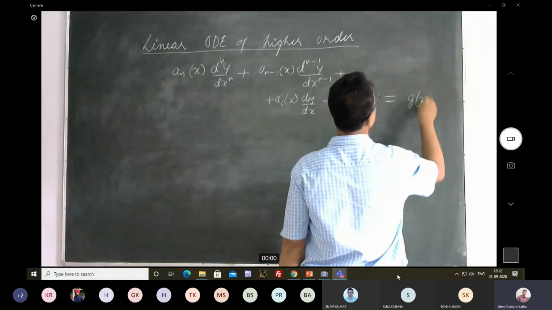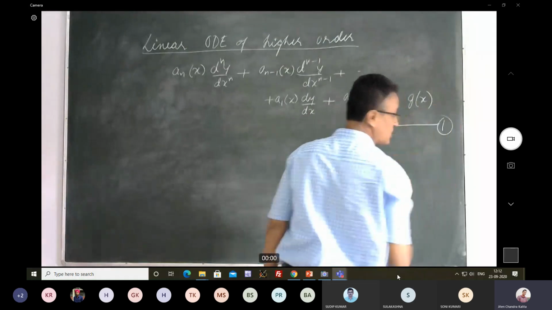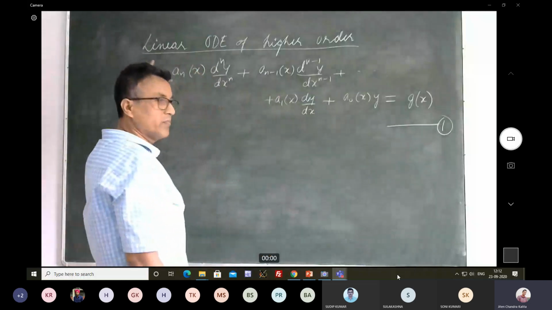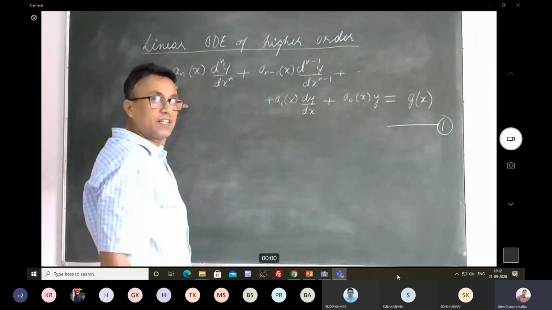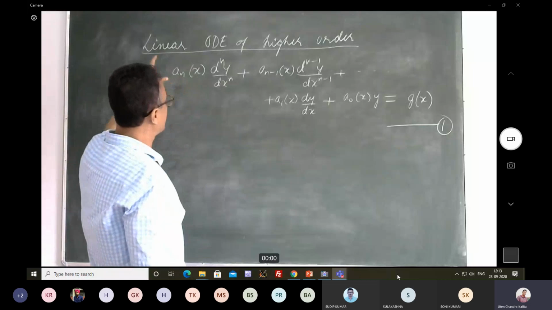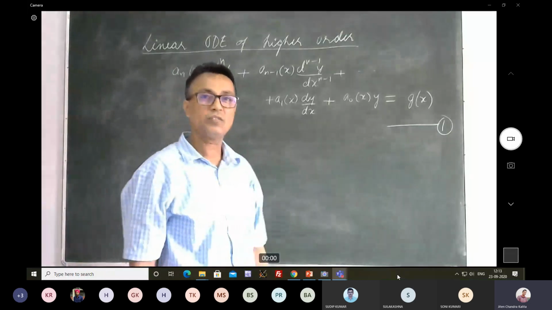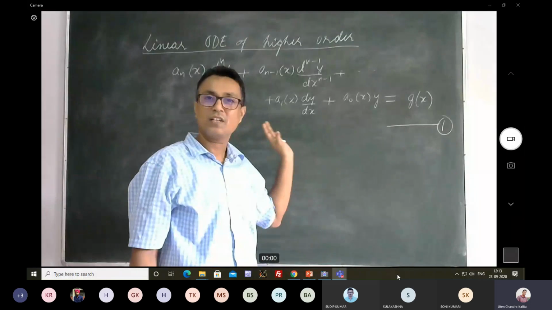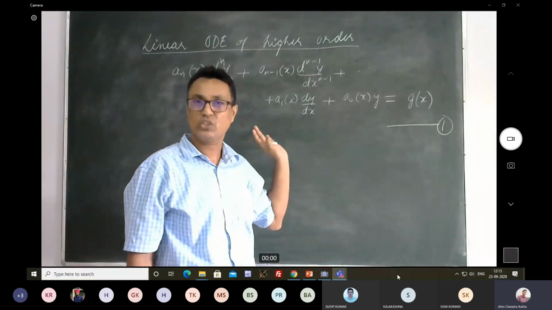Suppose this is something like g of x. Okay, and if I want to use this as an initial value problem, then this being an nth order differential equation, it must come with some n given conditions.